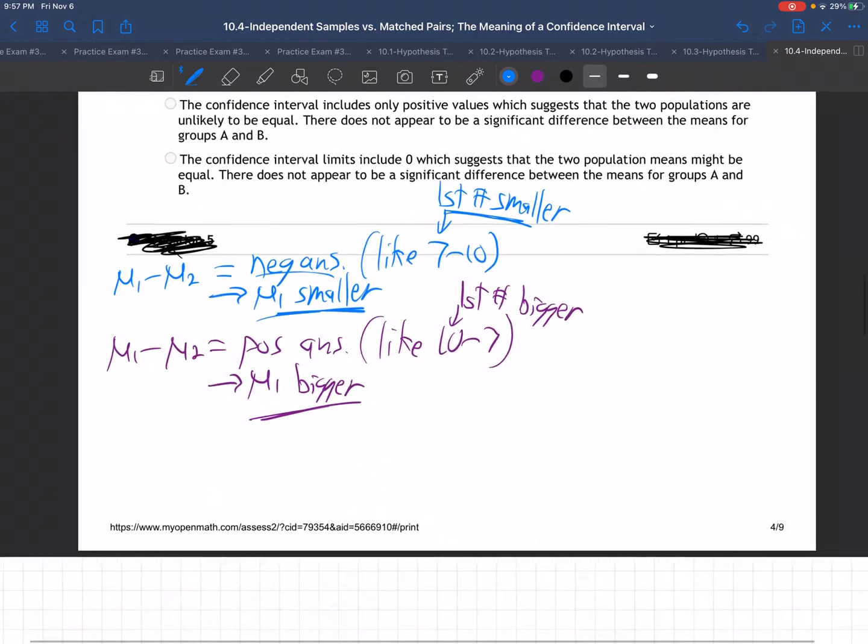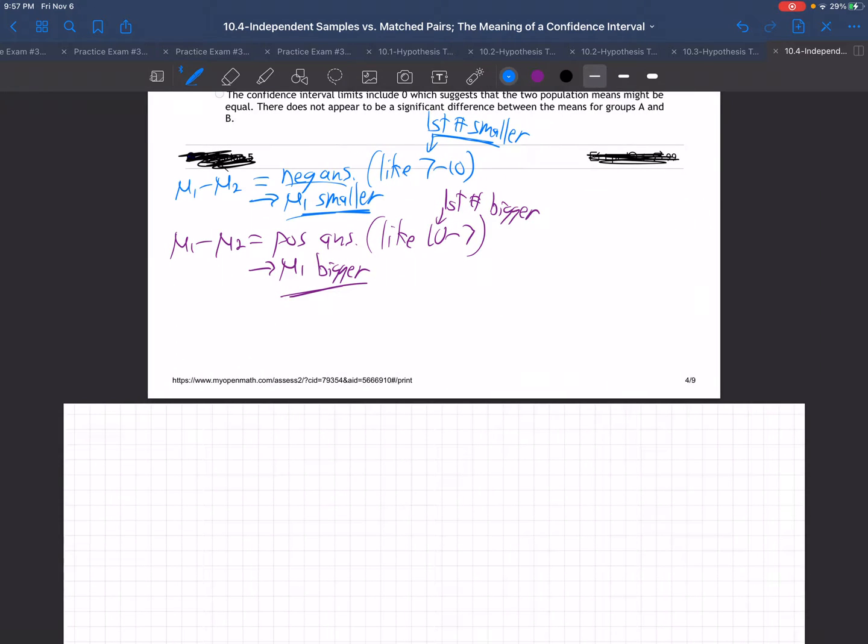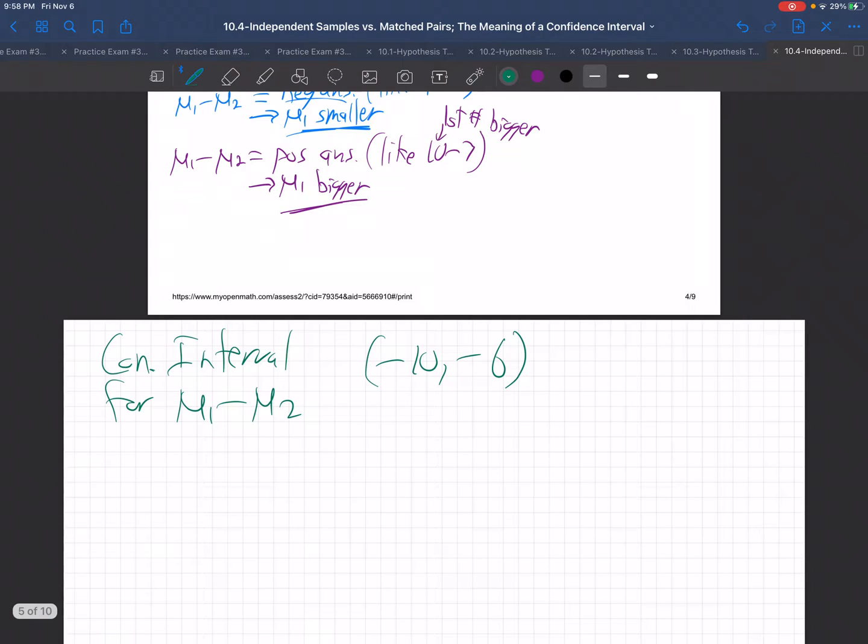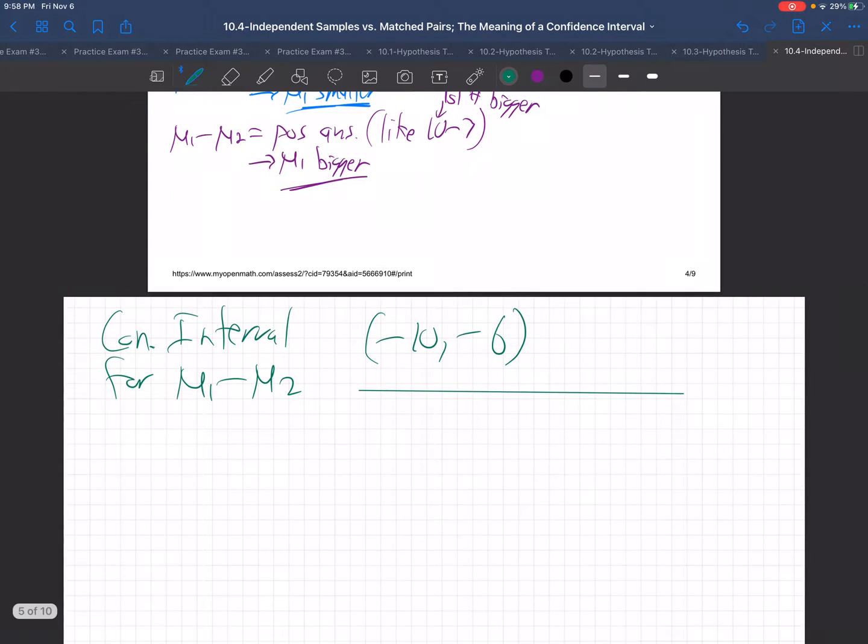Now the next fact I've got to make sure you're good with is what a confidence interval is. If we have a confidence interval for mu1 minus mu2, and it comes out to be like -10 to -6, what does that mean? If you do a number line, here's 0, here's -6, and here's -10.